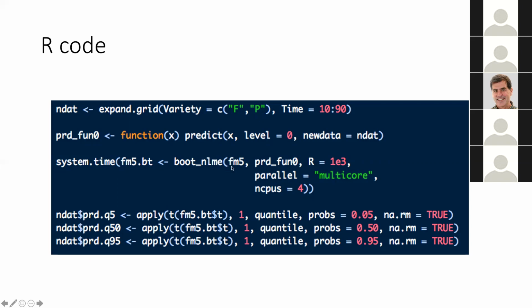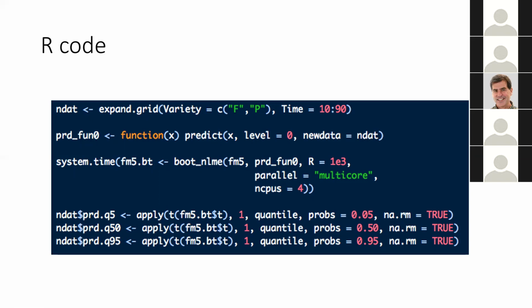And I take the fitted model 5, the best one I found through the previous process. I provided this function, which takes the predicted values at this level, and I run the model 1,000 times. And this parallel multi-core means that I used 4 processors on my computer. And then I do this to get the quantiles of my bootstrap simulations.